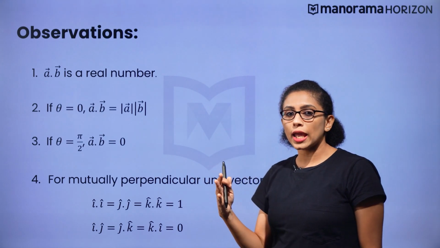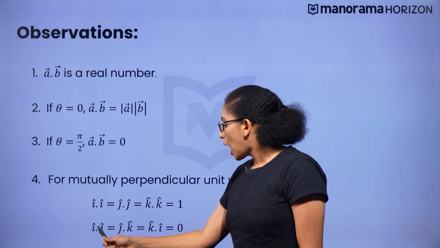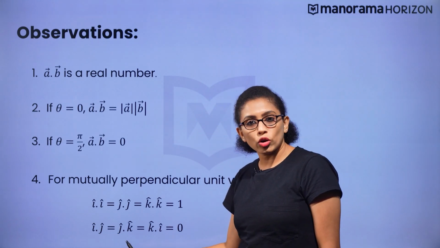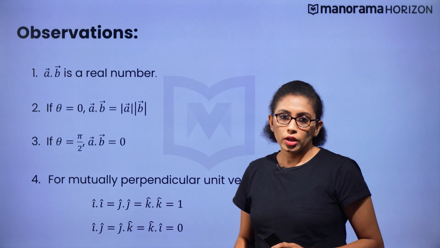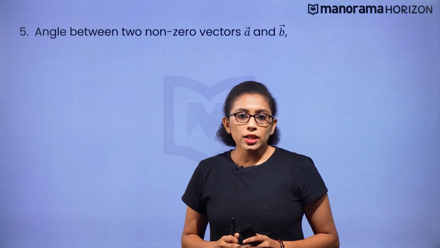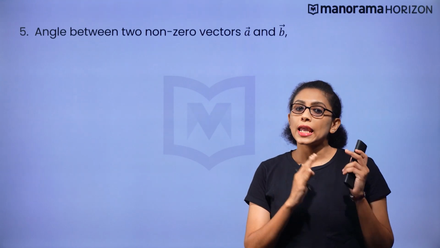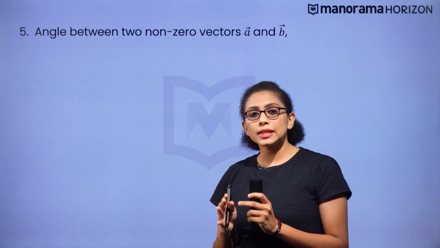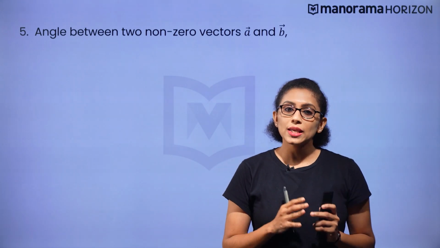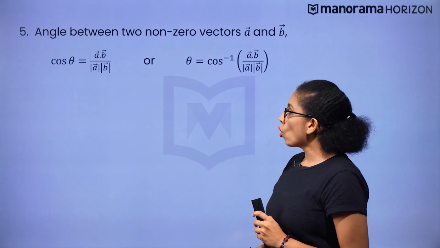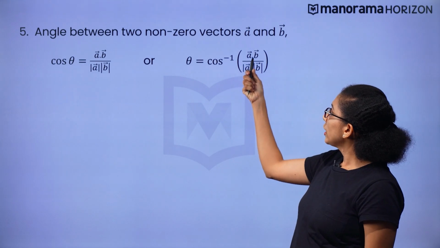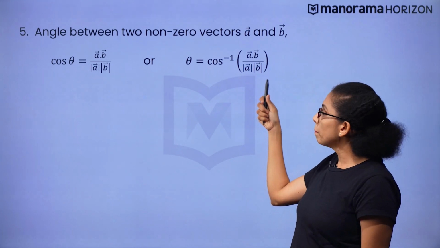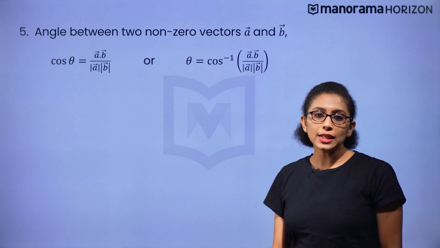From that we can say the dot product of unit vectors i dot j will be equal to j dot k, equal to k dot i, equal to 0. And another thing is that when the dot product of vectors a and b is given, the angle theta between the vectors a and b is given by cos inverse of the dot product of a and b divided by the product of the magnitudes of a and b.